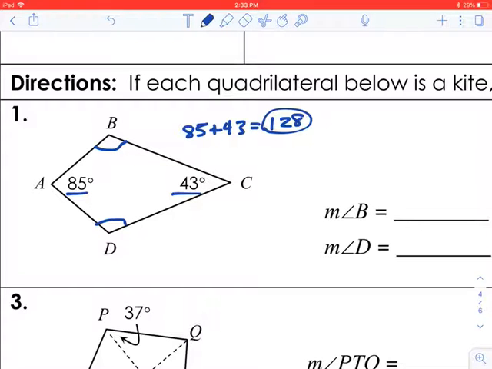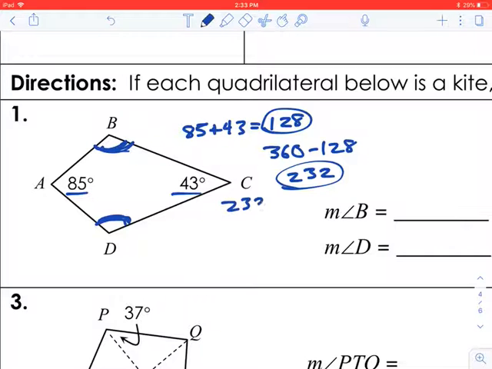Out of 360, I got to subtract 128, and I'm going to get 232. So that's what's left. That means these two angles are half and half. So 232 divided by 2 is going to be 116 each. So those are 116, 116.